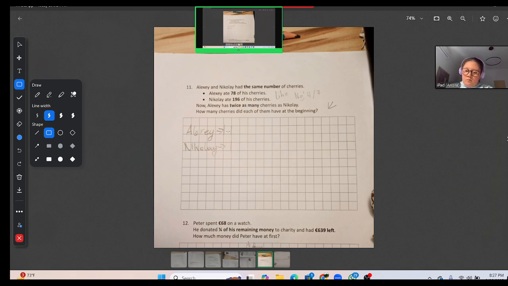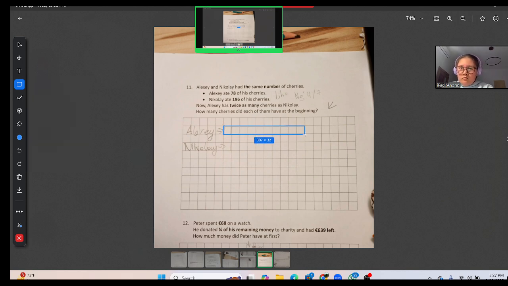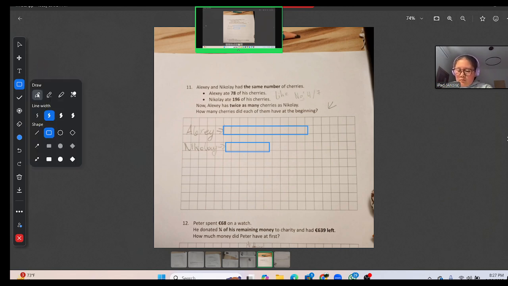So Alexei ate 78. Let's suppose this is for Alexei and this is for Nicole. Alexei has twice as many cherries as Nicole. Because Alexei has more, I'm drawing this as the double of this, because it says twice. Now, how much did he eat?